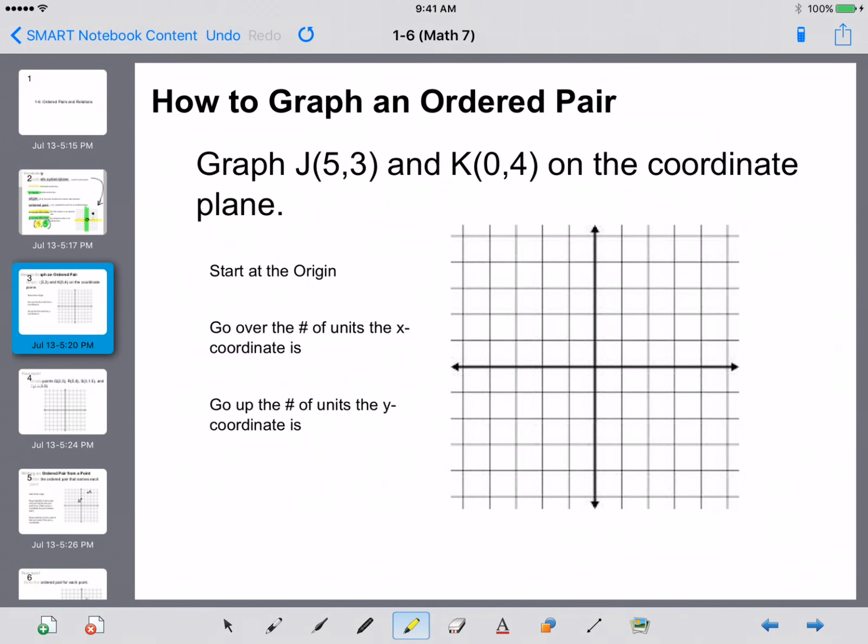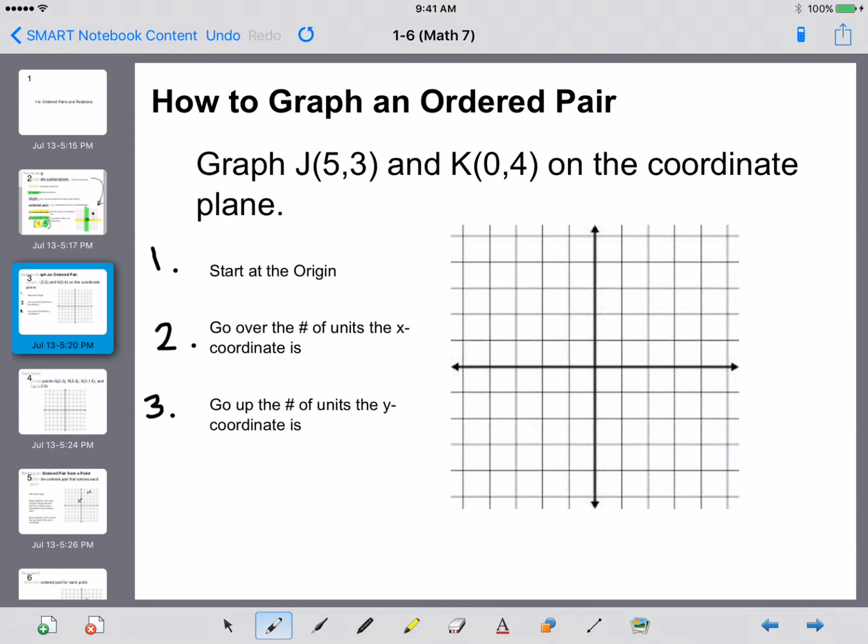So now we're going to graph an ordered pair. We want to graph the point J, which is 5, 3, and K, which is 0, 4, on the coordinate plane. Our steps are as follows. 1, start at the origin. 2, go over the number of units the x-coordinate is. Then 3, go up the number of units the y-coordinate is.